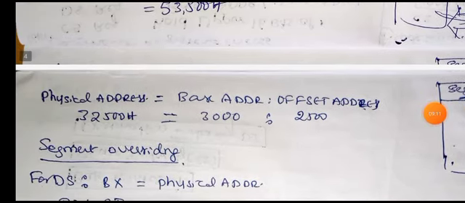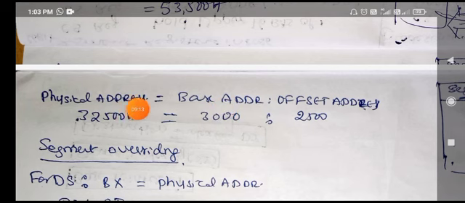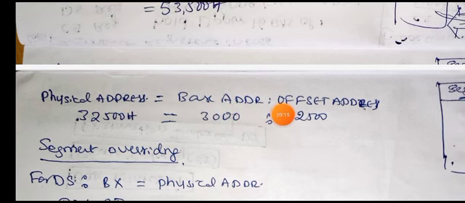You can mention the physical address in this way: base address colon offset address. The base address is always in the segment register. The offset address can be in a register or directly within the instruction. Right? So 3000 colon 2500 is actually the 32,500 physical address. In this way the physical address is represented.